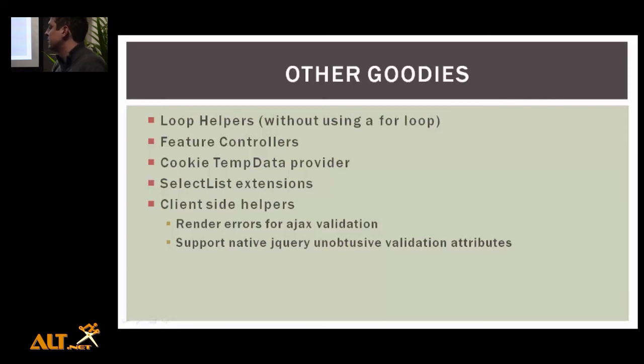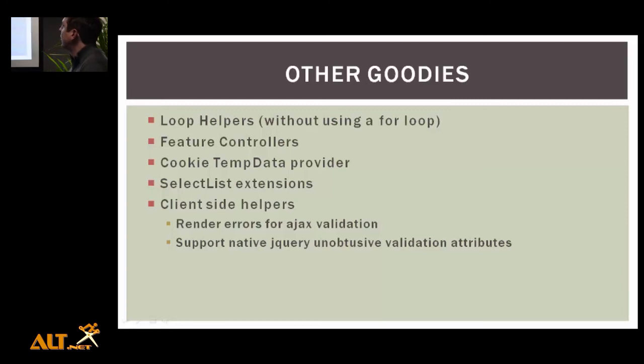Select list extensions. This select list is used for rendering drop downs. So if you have a property and you have a list of select list items, by default that's going to render a drop down for you. This select list extension is an extension method that extends IEnumerable of T, and then you set what property is going to be the display, what property is going to be the value, and what's the selected value, and that'll build it all for you.